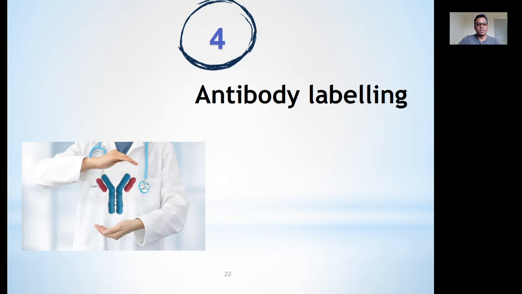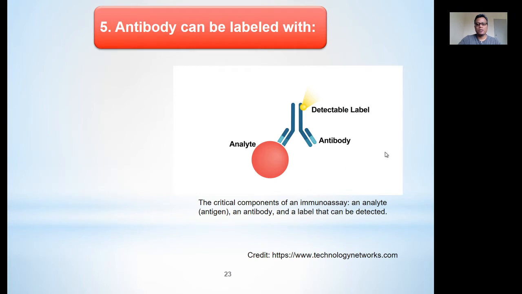So we will continue with antibody labeling. If we just simply try to observe the antigen and antibody complex, if they form in a huge quantity, we can observe them in the form of agglutination or precipitation.